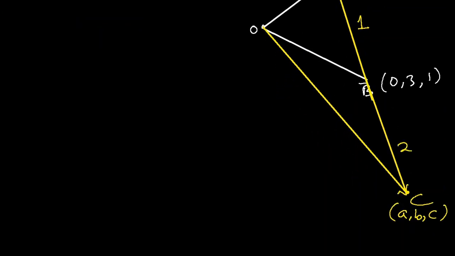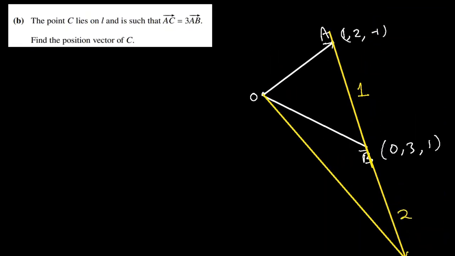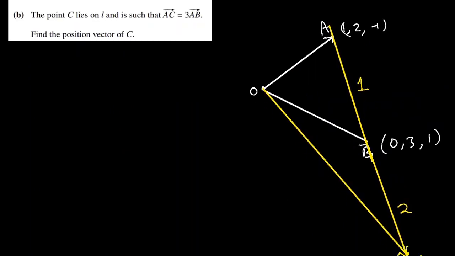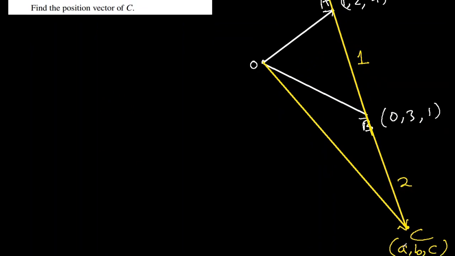As we learned earlier, the coordinates of the head is the position vector of that point. So let's try to find this particular vector. And the best way to find these coordinates is to take help of these ratios.